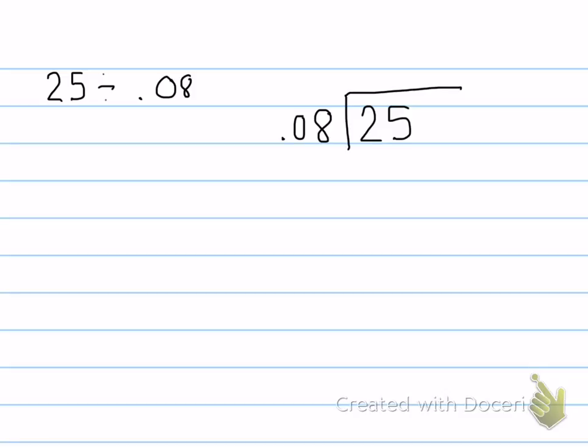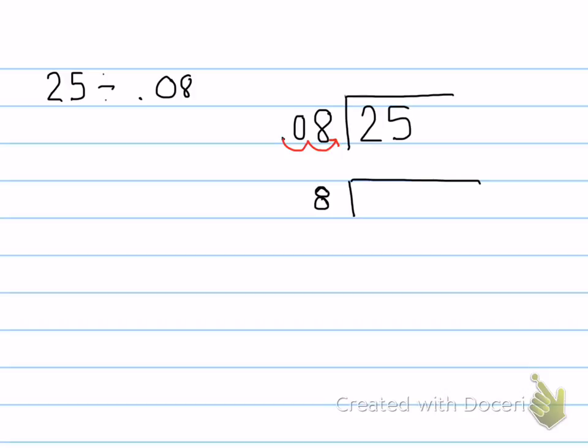Now this one's a little different. I have two numbers outside that I'm dividing by, so I can't divide by 8 hundredths. This time I have to swoopy it 2 times to make it a whole number. So now I know I'm going to be dividing by 8. But if I swoopy 2 times on the outside, I have to swoopy 2 times on the inside.